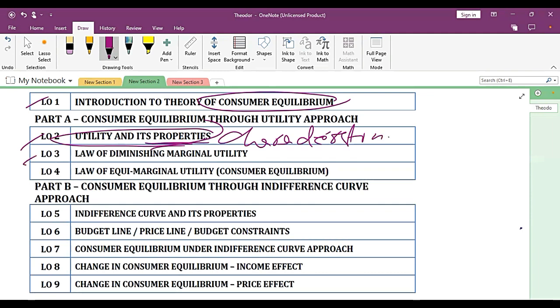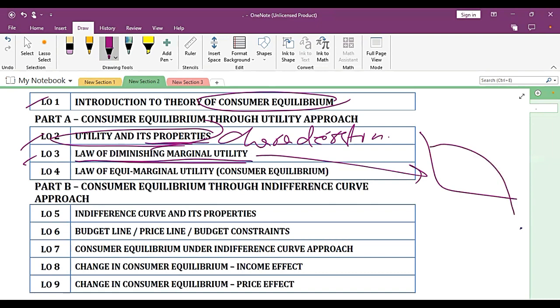The third one will be the law of diminishing marginal utility. In this topic, we will study how, after the completion of a certain time, the consumer's satisfaction level goes down and down and ultimately reaches a zero point, then moves to minus one.